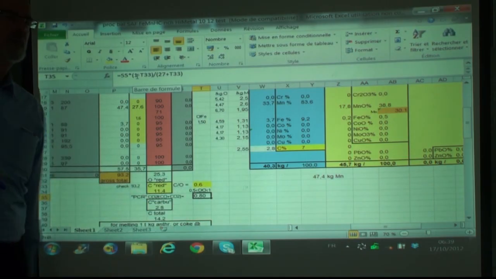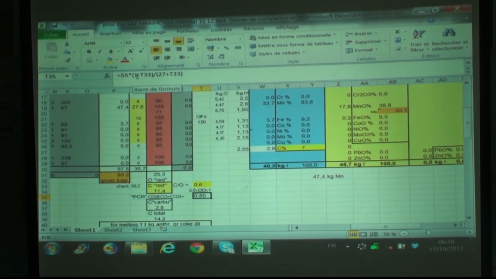The reason is because we have three positive points. The one is the amount, the height of ore.